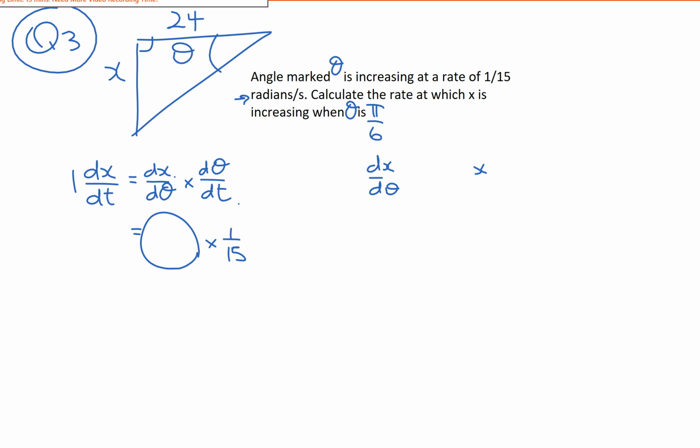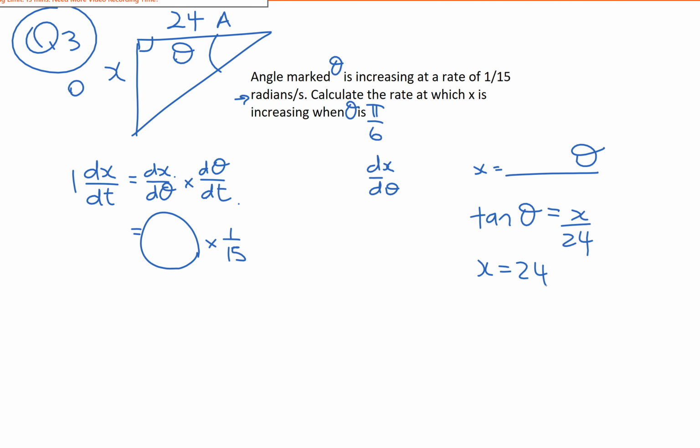If that's my angle, that's my opposite, that's my adjacent, I'm using tan. So I know tan theta is my opposite, x, divided by my adjacent, which is 24. There's my formula.